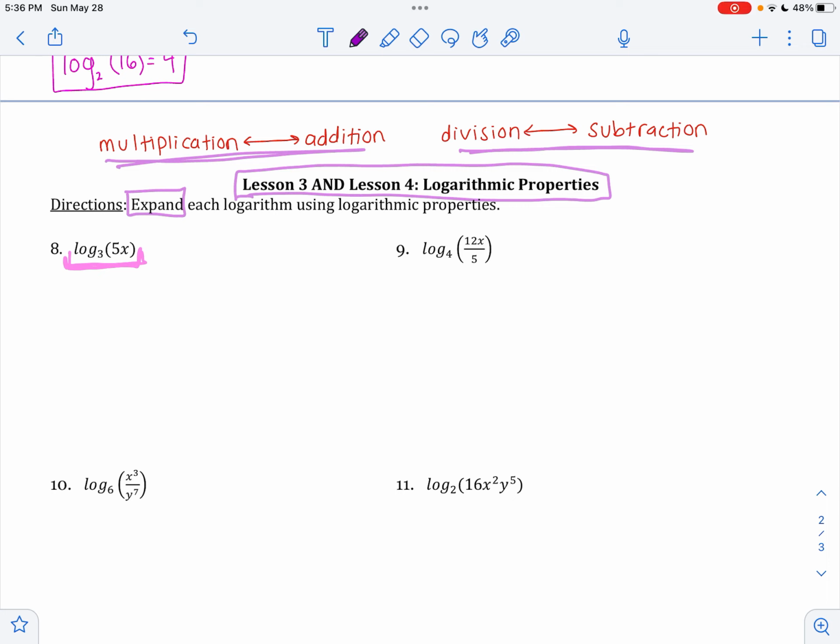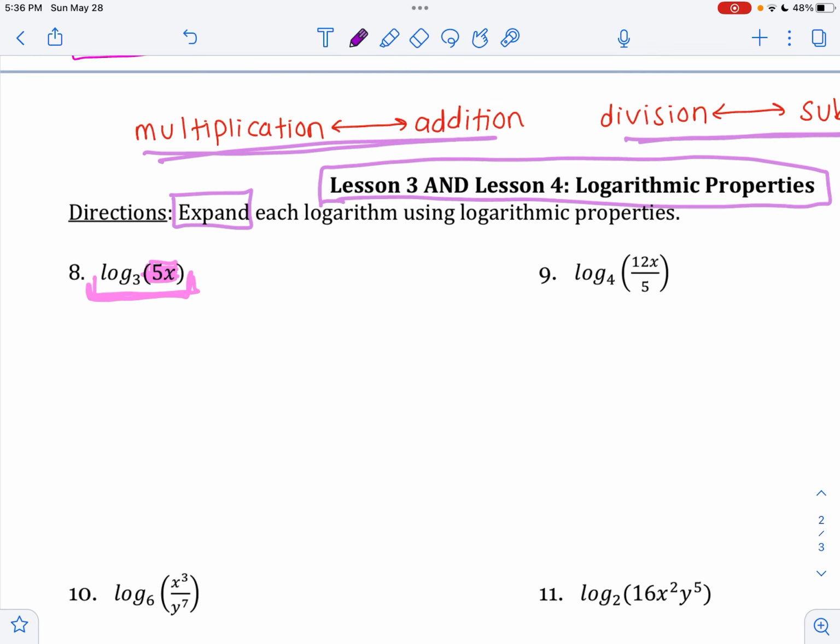Now, how do we know where to start? Well, we look in here, which is that 5x, and we see, what is this doing? So this right here is multiplying, okay? Multiplication. So if we see multiplication, we know we're going to split it up by using addition. Now we're going to split this up into 2.